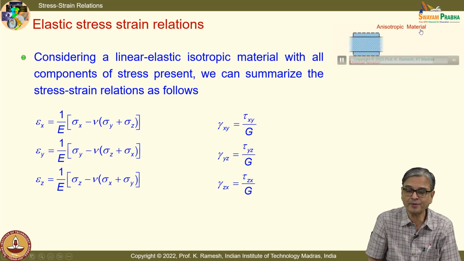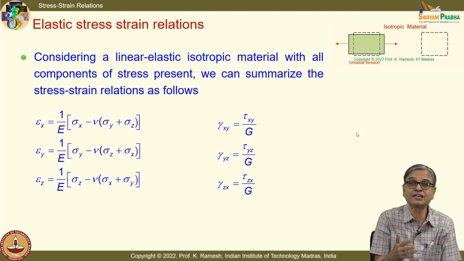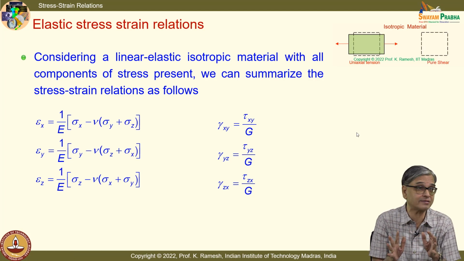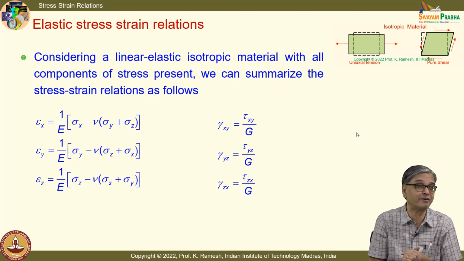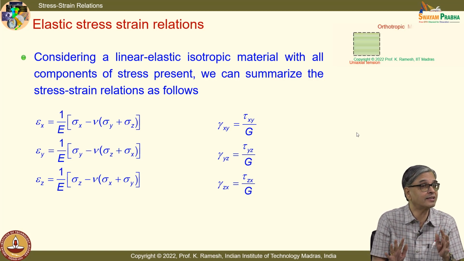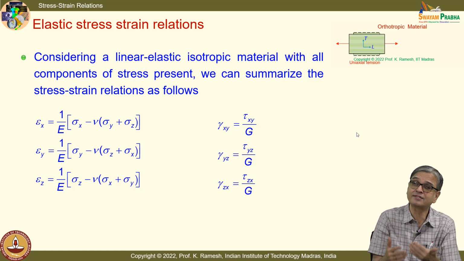But when I go to an anisotropic material, if I pull this, it will elongate, also deform. Similarly, when you apply shear, it can have elongation and deformation. It's very, very complex. That is why we don't go near anisotropic material in the first development of the course. We live in the comfort of isotropic materials because the material behavior is simple.